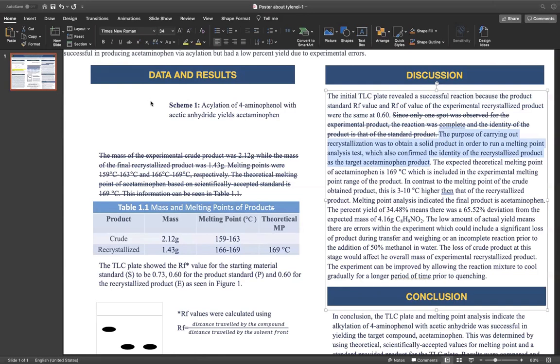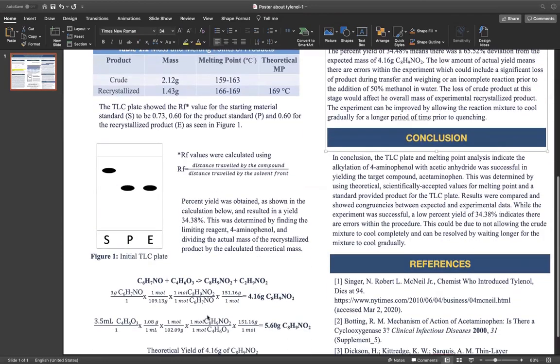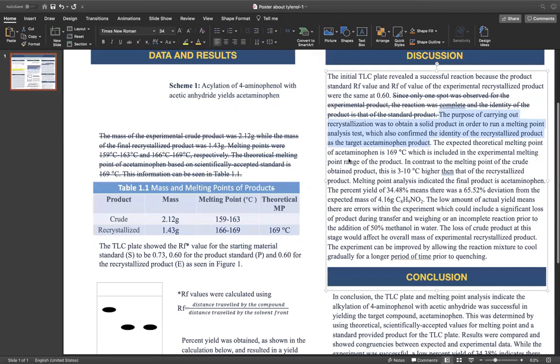So someone that's looking at it is going to see the mass of crudes, recrystallized, TLC, and then IR, right? It could vary within the data and results really, but in the discussion, make sure you have that flow of what you're choosing to discuss first.